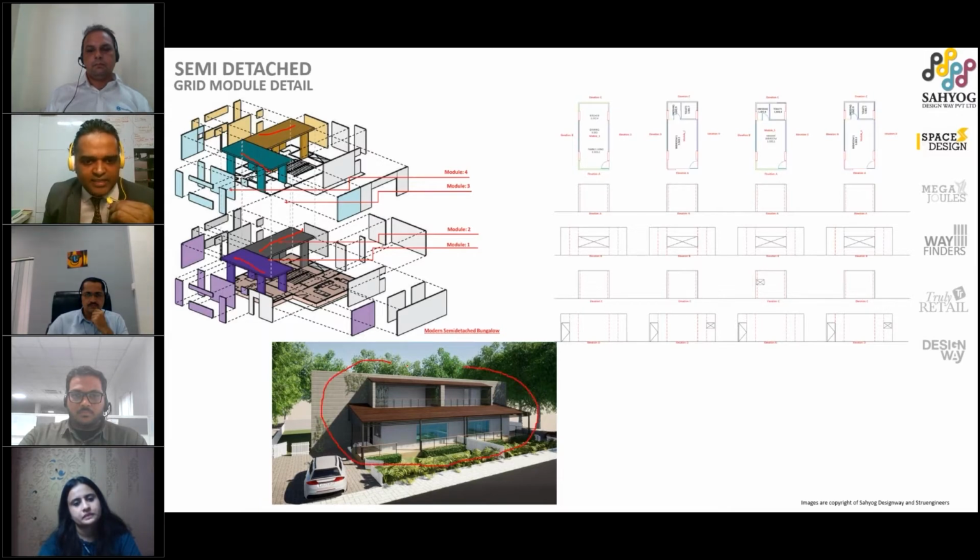All the three which we have seen have created a similar volumetric space inside, but the elevation and the experience and the composition of that volumetric creates the difference here.